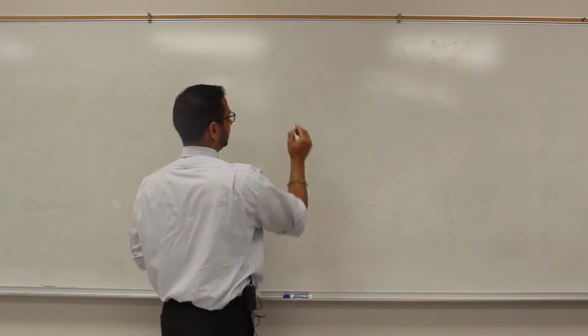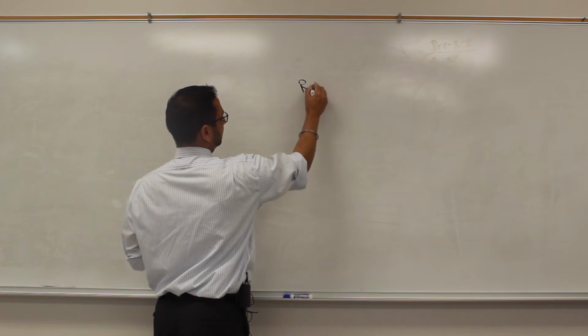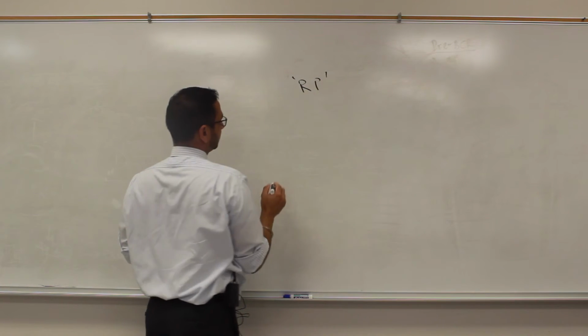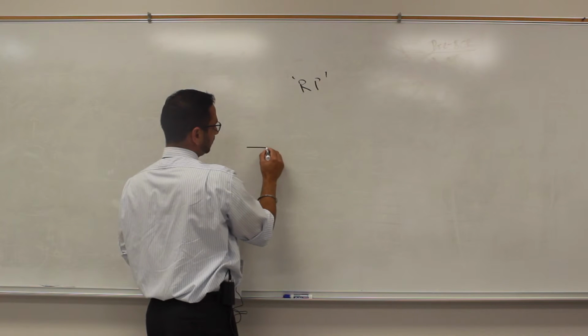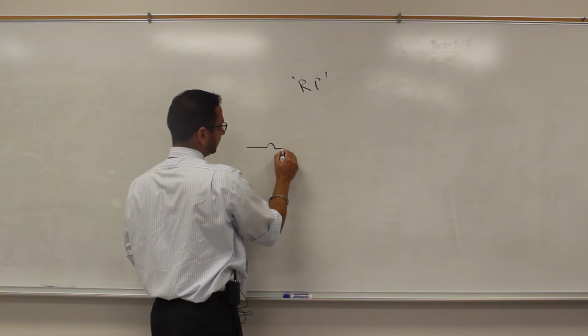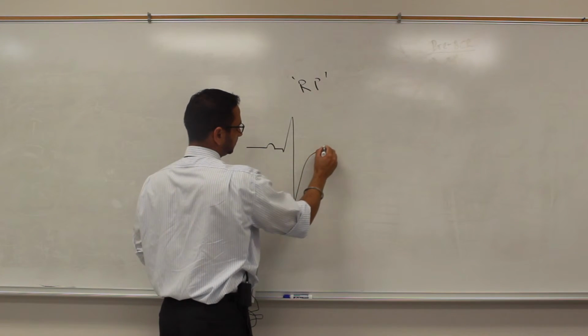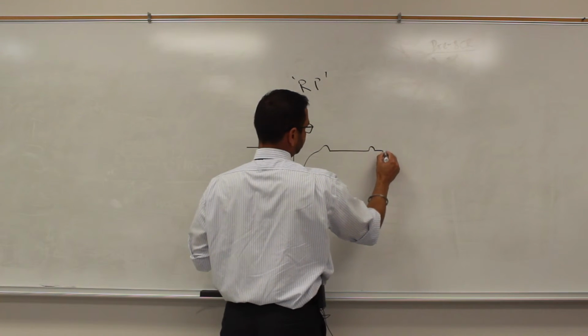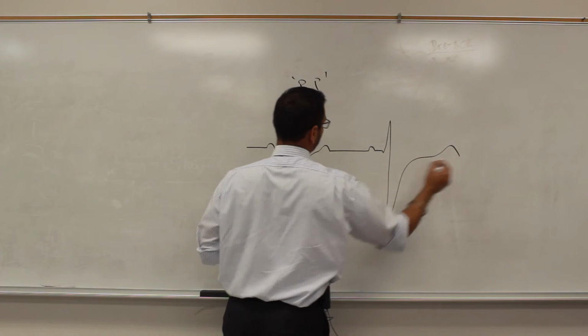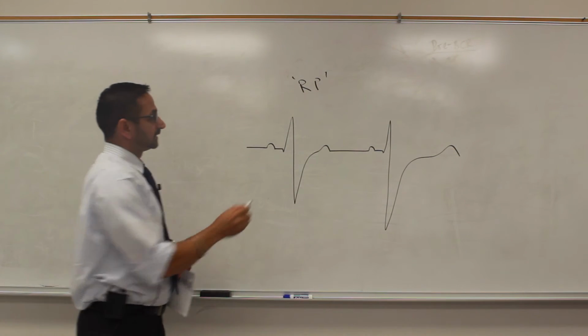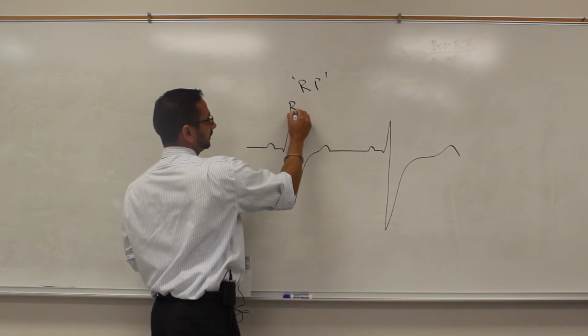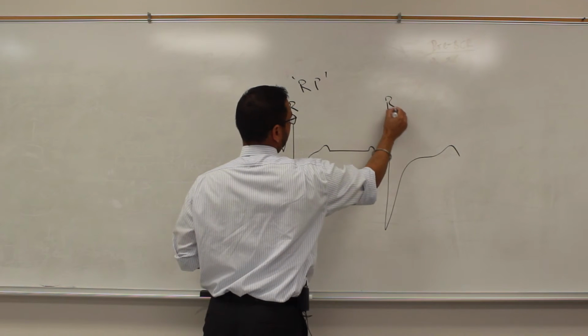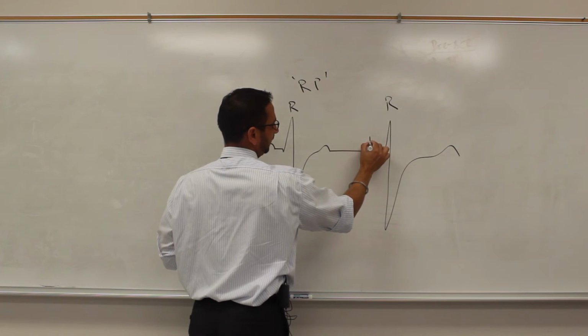The third important concept you should know is the RP interval. Normally, you have a P wave, you have QRS, T wave, followed by another P wave, QRS, T wave. This is an R wave, that's another R wave, that's a P wave.